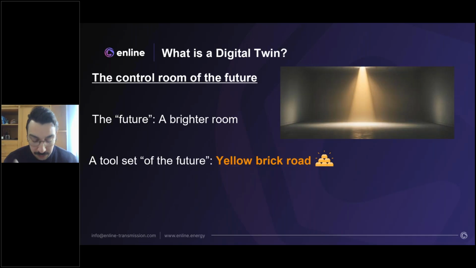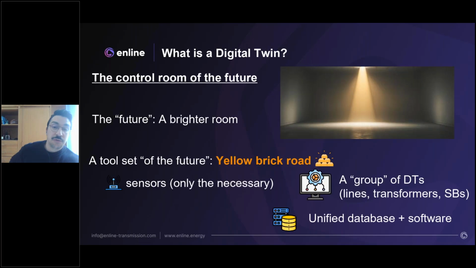And here I would like to do an exercise, it can be futurology, but we are not alone on this. What would be the tool set of this future, the yellow brick road, in order to sustain this new control room of the future? And here are some variables that are not only the vision of Enline, but the vision of many other players.